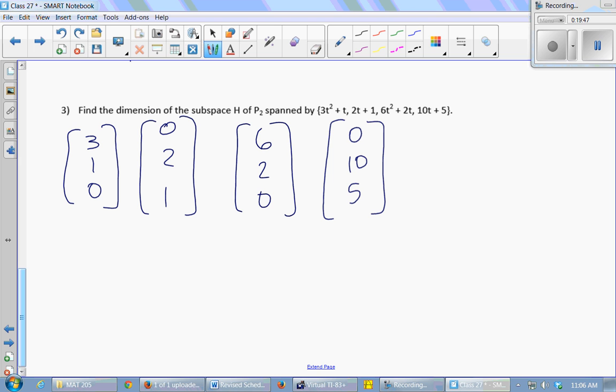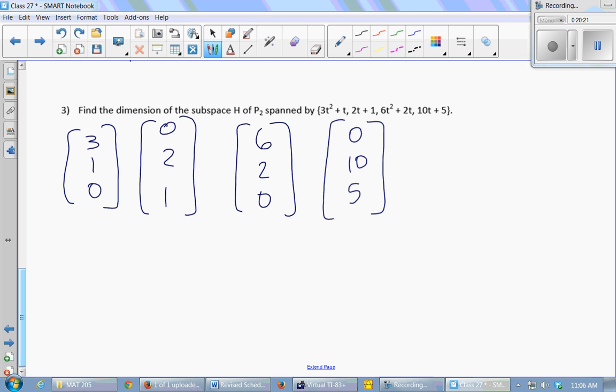Okay, so I have two different approaches. One is inspection. If this is a spanning set, then I just have to make sure it's linearly independent, right? And they told me that this is the spanning set. Linearly independent means no vector can be a linear combination of the others.